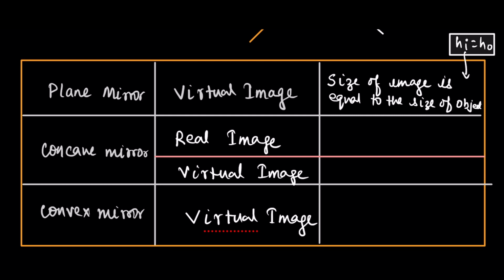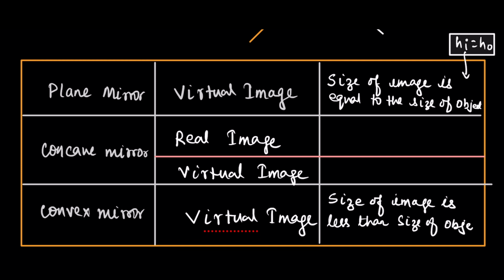Similarly, in the convex mirror, virtual image is formed, but in this case, size of image is less than size of object. Means in this case we can say that Hi is less than Ho.